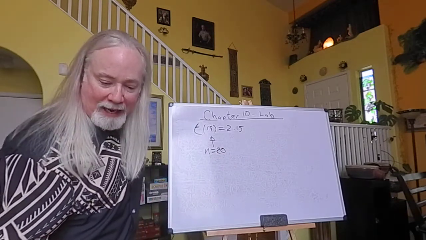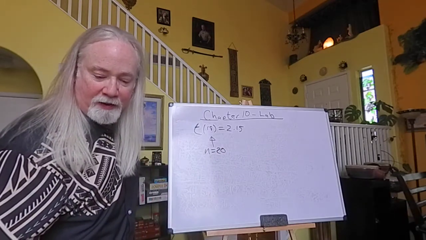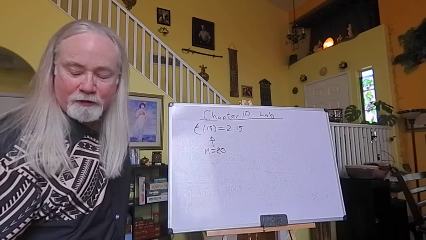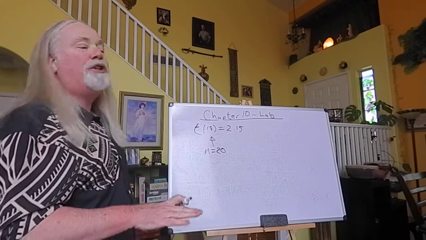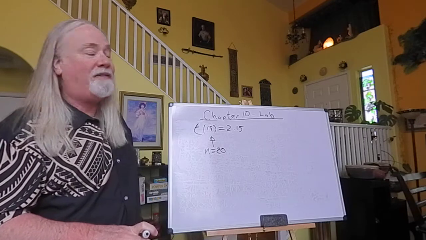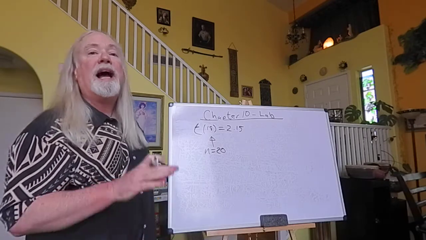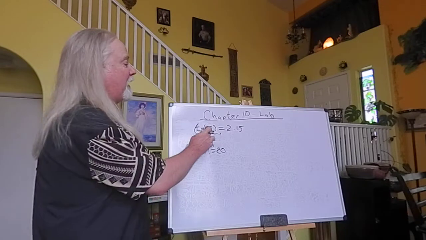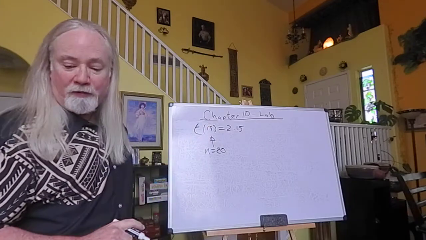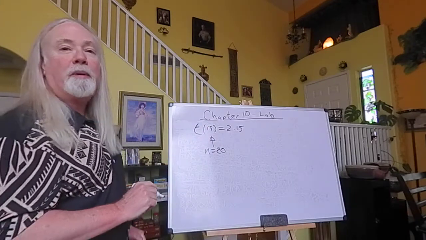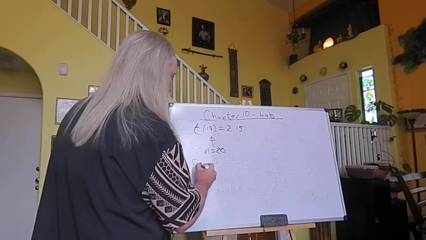And then part B asked, use a two-tailed test with an alpha level of 0.05. Is there a significant difference between the treatments? Well, all we have to do is look up our critical t value. So if it's two-tailed, alpha level 0.05, we've got 18 degrees of freedom. We find that our critical t value is plus or minus 2.101.